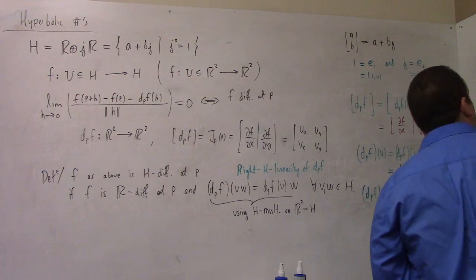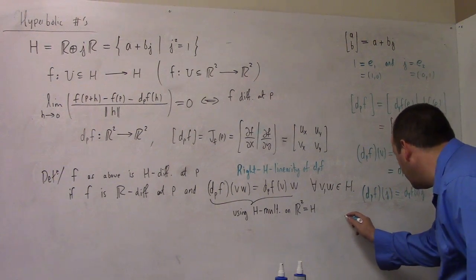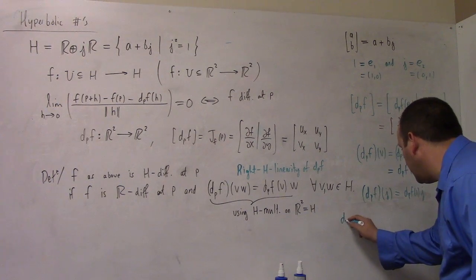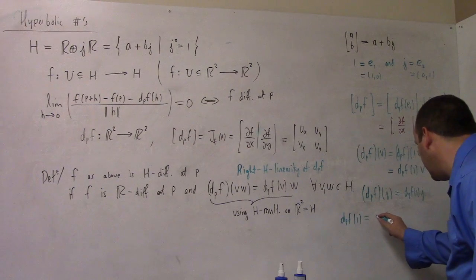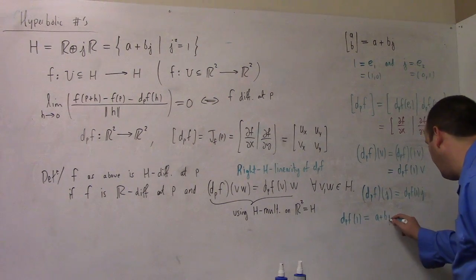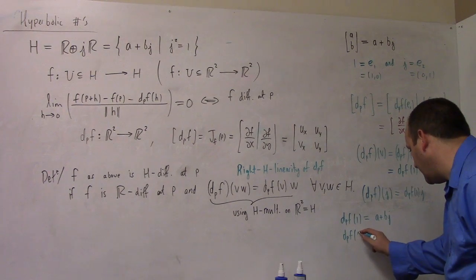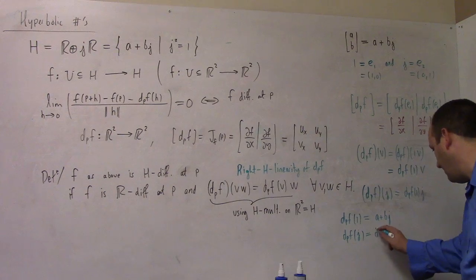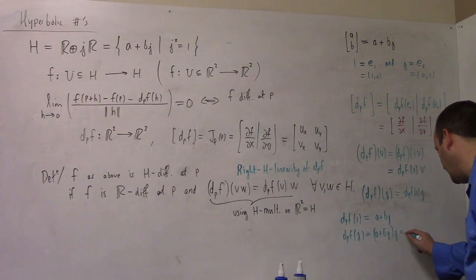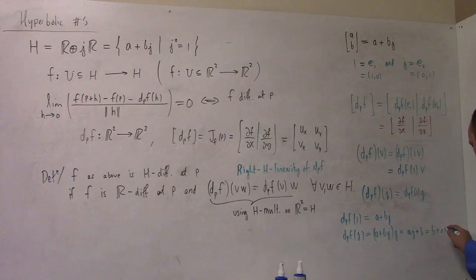So if I have dPf of 1 equal to, say, a plus bj, then what's dPf of j? Well, it's a plus bj times j, which is aj plus b, or if you like, b plus aj.